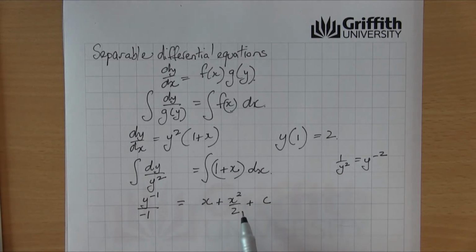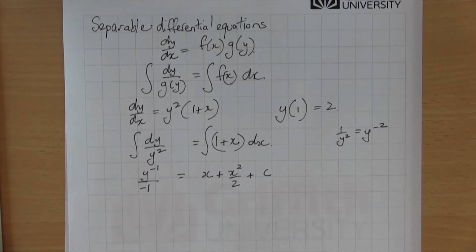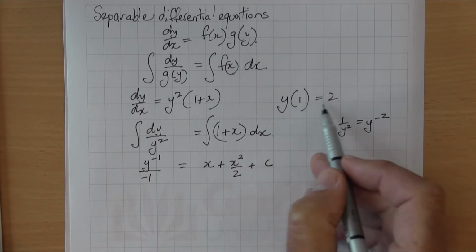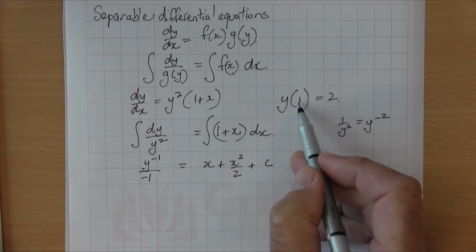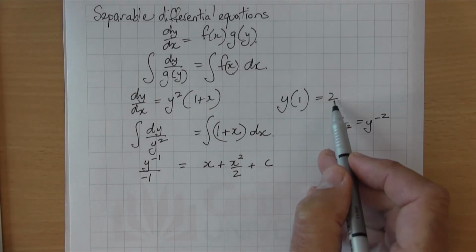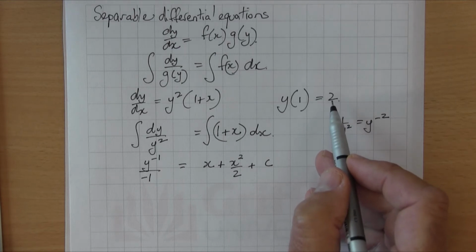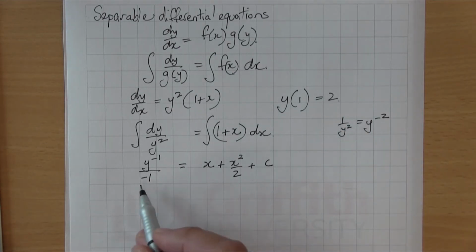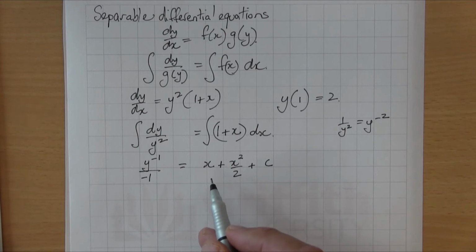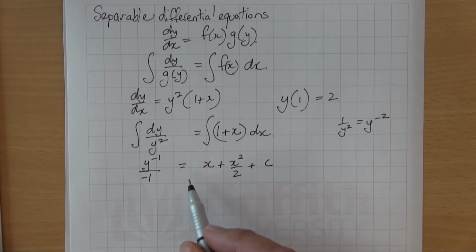That's the basic form. We don't want y to the minus 1; our answer has got to have y equals. We've also got a way of working out what c is, because we know that when we put x equals 1 in here, we're going to get a value of 2. But first of all, it might be good to knock this into some sort of shape.